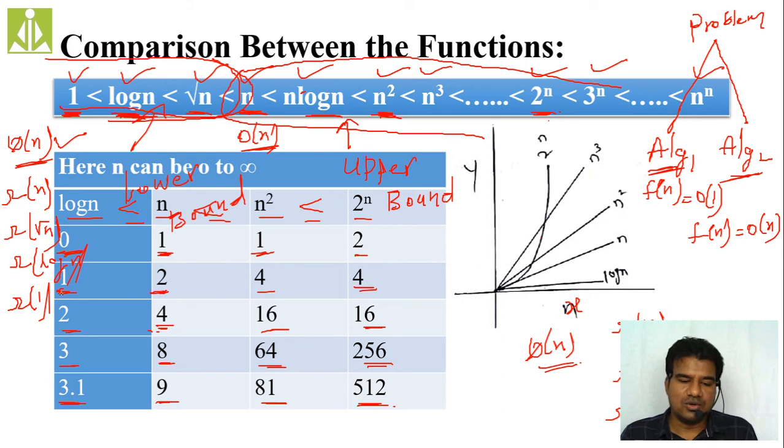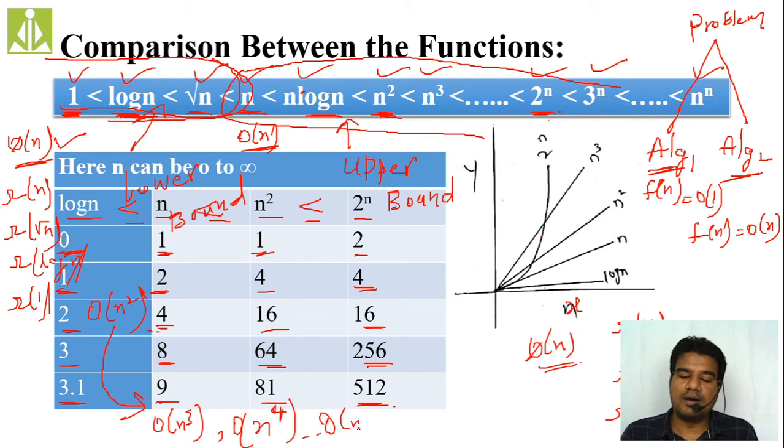Next, if we do the analysis in terms of big O, and we got the function as order of n square, all the upper bounds of order of n square will satisfy my function, because big O is an upper bound notation. So not only big O of n square, but also big O of n cube will satisfy, big O of n power 4 will satisfy, and so on.